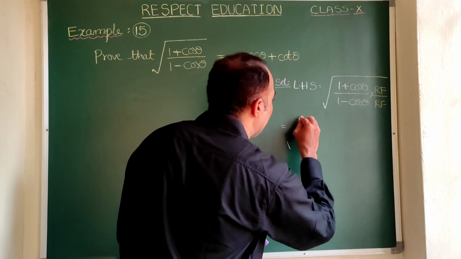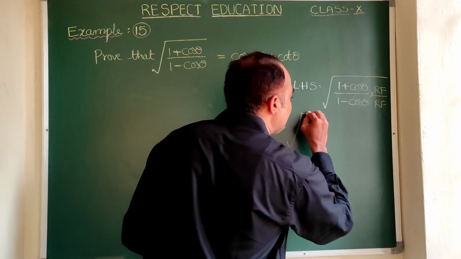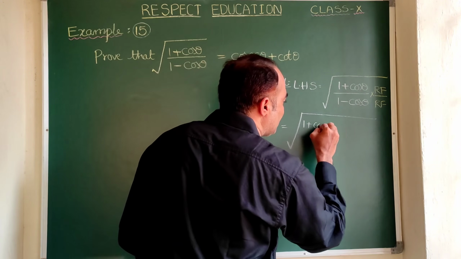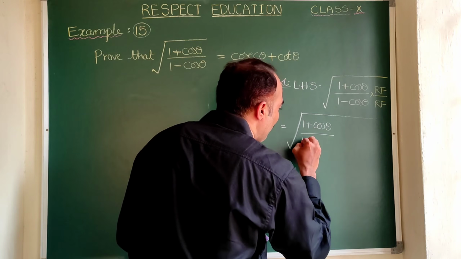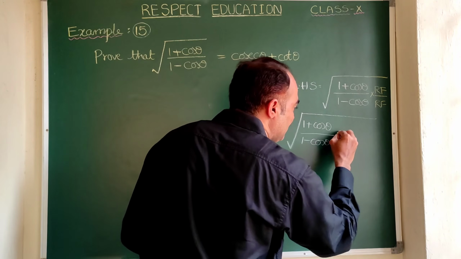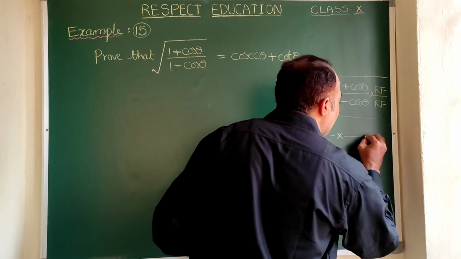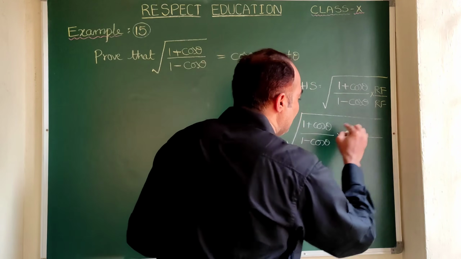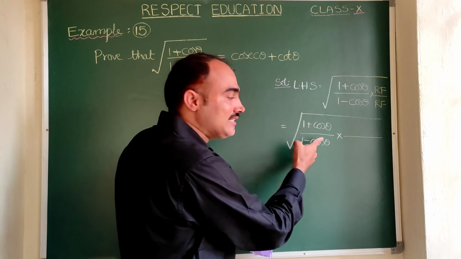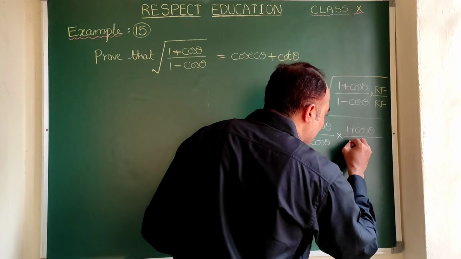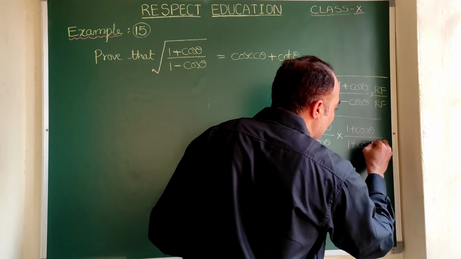So let us write the given one, that is 1 plus cos theta by 1 minus cos theta. For this we have to multiply with the rationalizing factor of the denominator 1 minus cos theta, its rationalizing factor is 1 plus cos theta, and divide also with the same.